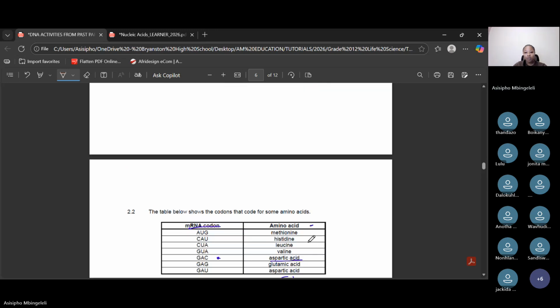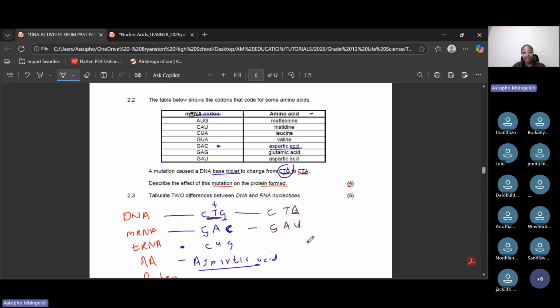Now, once we have the messenger RNA codons, we are able to go to the table and find out the name of the amino acid that is formed. Let's look for GAU in the table. There is GAU over here. What is the name of the amino acid that is formed? Aspartic acid. We write it down here.